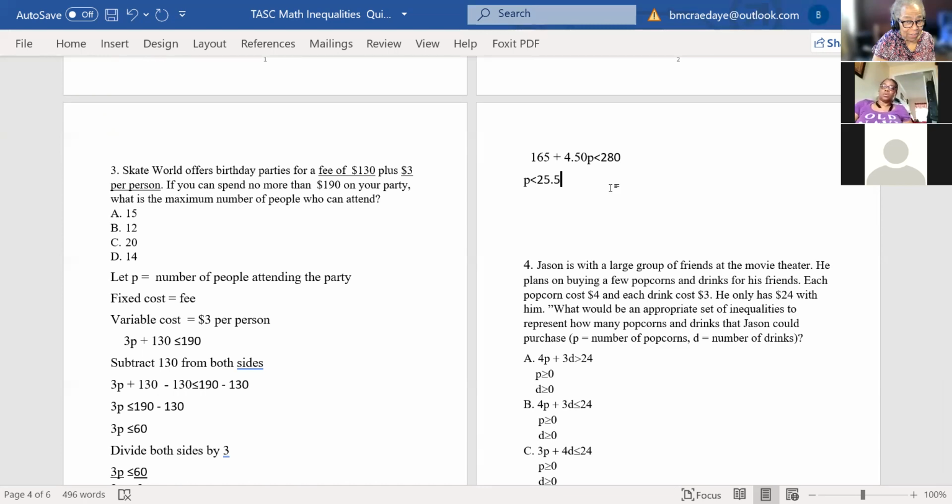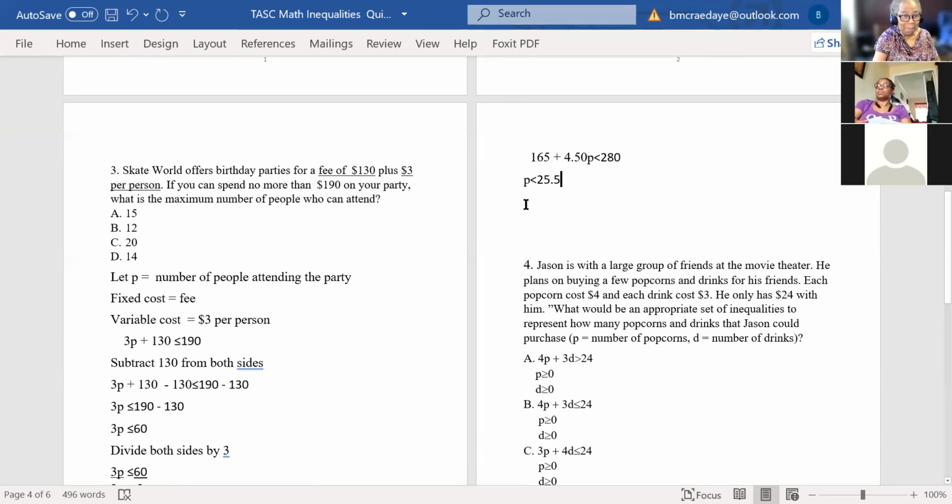If you get greater than 280, then it can't be 26. I think it's 25. Yes, 25. Remember that sometimes you can round up and sometimes you can't. Because if you go up to 26, you're over your budget. If you go over, you're going to be greater than 280.